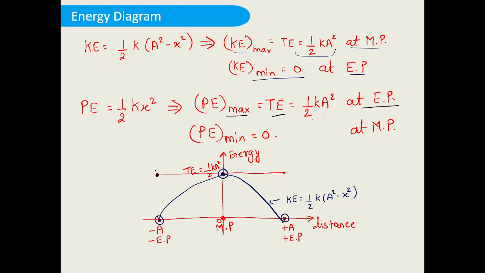So I can say this is the point of potential energy, and at mean position the potential energy is minimum, with value zero. So this is the point of potential energy. I can draw a parabolic shape like this. So this is the graph of potential energy. Potential energy is equal to half k x square.